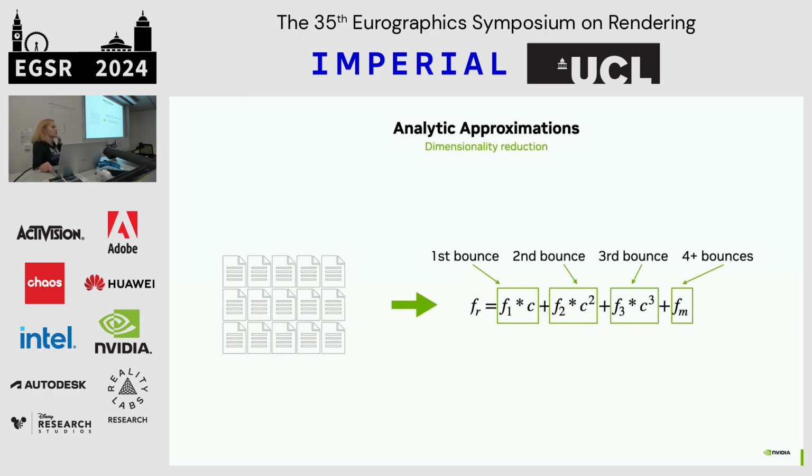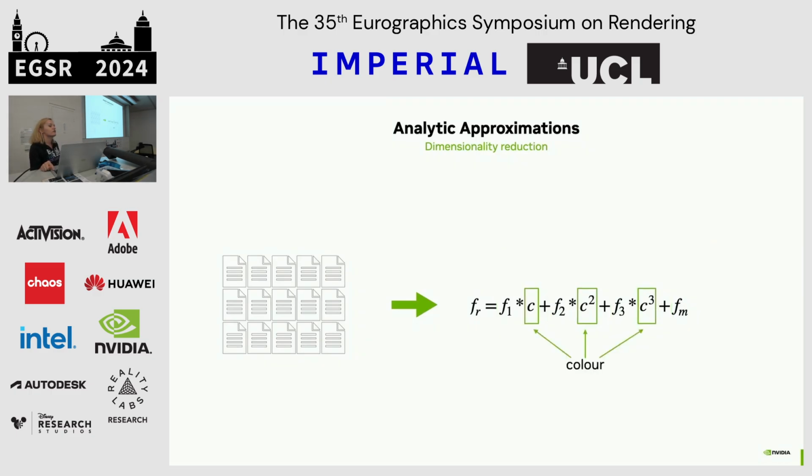Bounces, in our case, it's collisions, so how many interactions you have. And we simulate first bounce, second bounce, third bounce, and then everything which comes after, so 4+ bounces. We also extract the color from the simulation so that we don't have to have an extra dimension in the simulation. We keep that one separate.